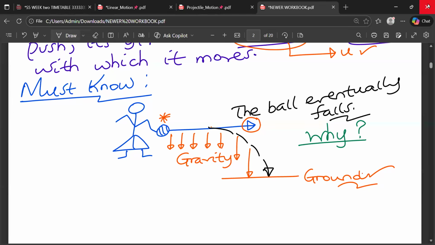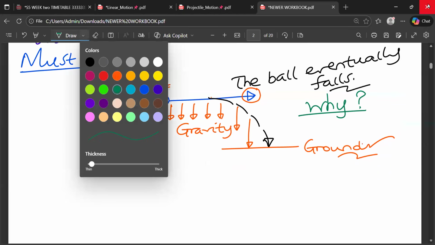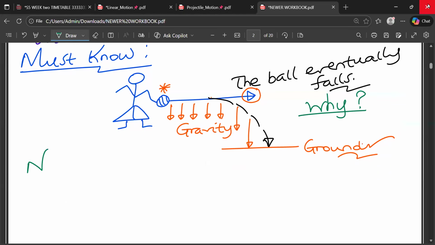So because of that, we note this. That's what you must know, that the ball eventually falls. Why? Because of the gravity. So this is something else you're supposed to note, that this ball goes like this, and then we are saying that it eventually does what?